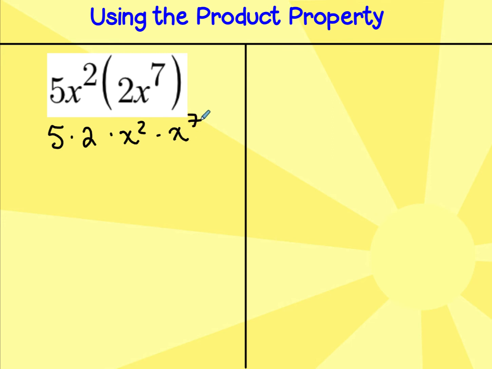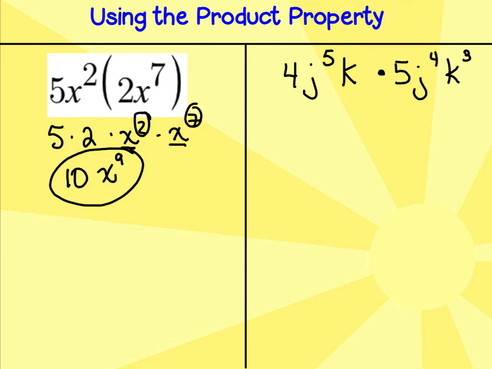So 5 times 2 would give me 10 because we learned that in elementary school. And now our product property says if the bases are exactly the same and I'm multiplying two factors with like bases, then I keep the base and I add the exponents. So 2 plus 7 would make 9. And that's as simple as it gets.